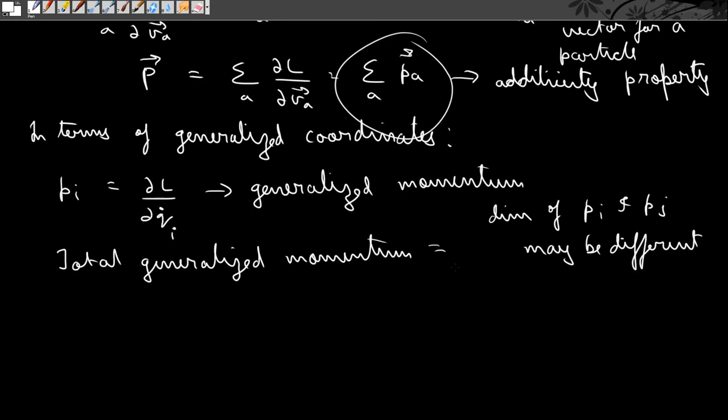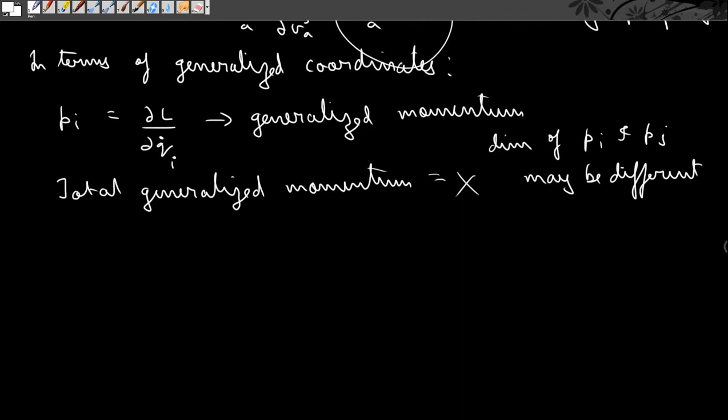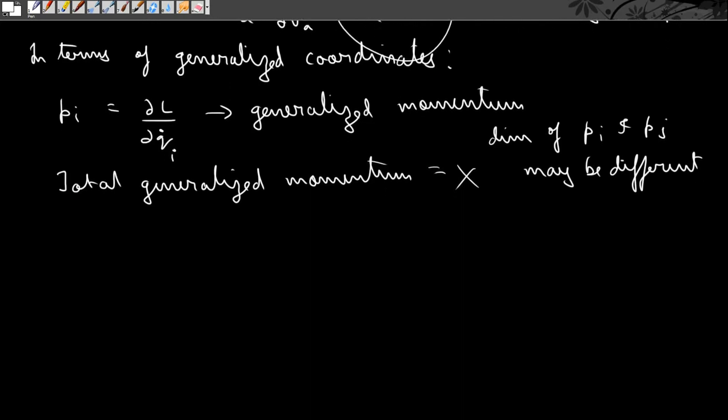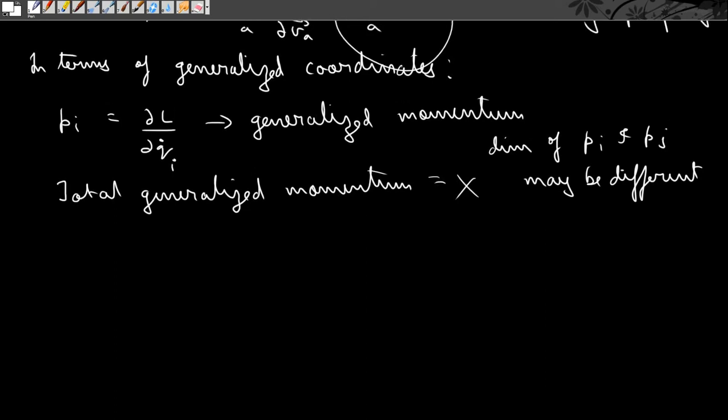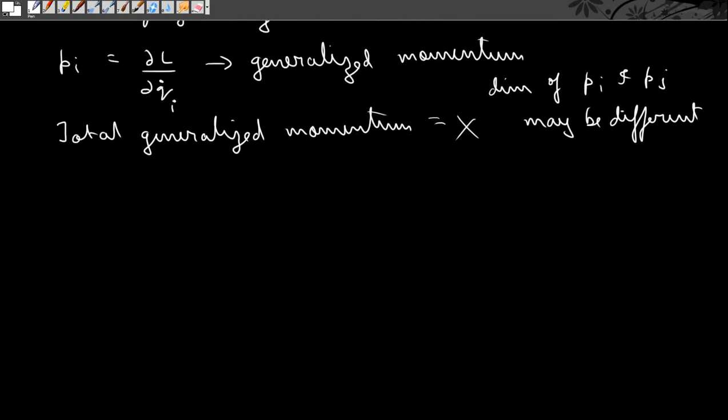So we cannot define this total generalized momentum unless we know all the dimensions of our generalized coordinates. For example, in the case of the pendulum, our generalized coordinate was the angle theta, whose dimension is not position, it's angular position, even though in Cartesian coordinates we were representing the bob in terms of the Cartesian position vector, which has the dimensions of length. So we cannot define total generalized momentum.